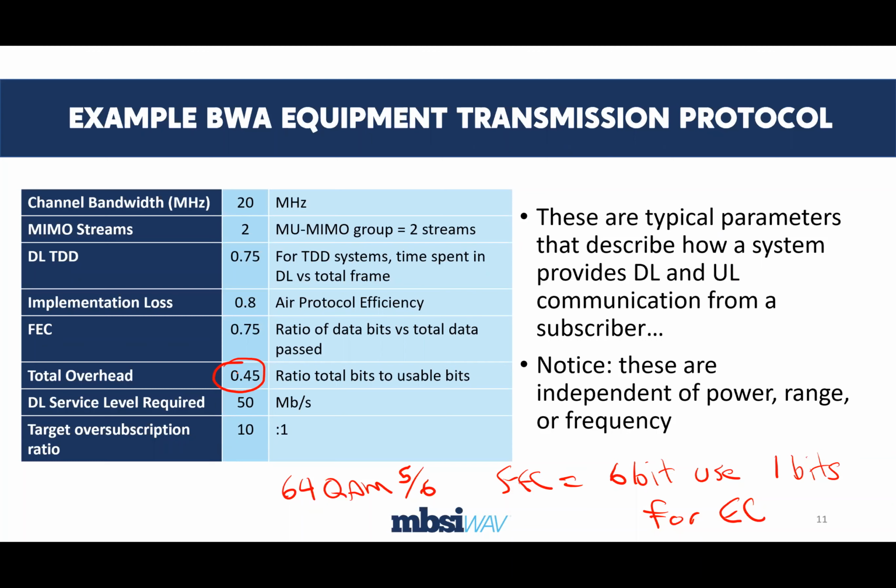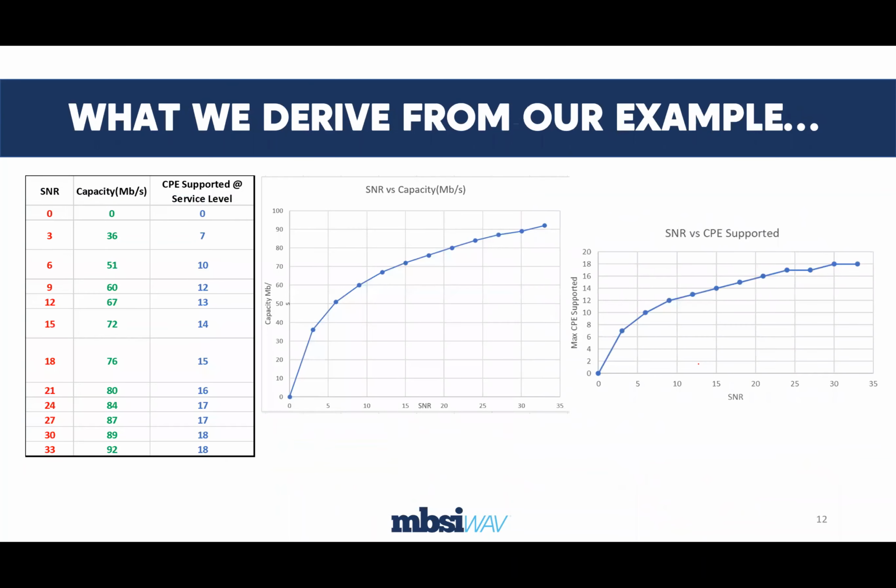In my calculations that are coming up, you're going to see a few slides here that are going to show the calculations. I am going to make the assumption I'm going to serve a 50 megabit service. And I'm going to assume that I can achieve a 10-to-1 oversubscription ratio. So let's see what this all looks like.